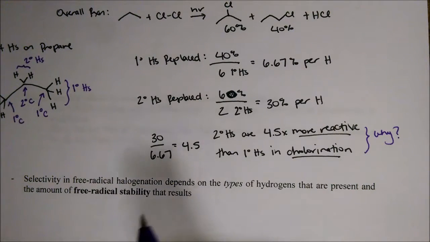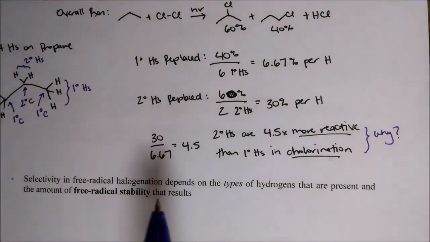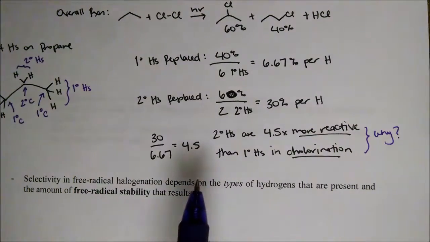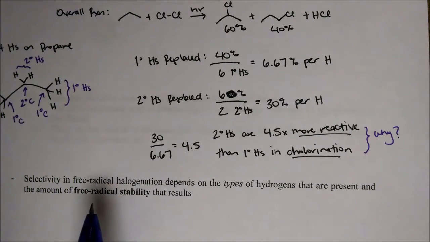Because again, if you are a reaction and you're going through your mechanism, you're going to want to take the most stable path. You don't want to expend too much energy. So there must be a difference in the stability of those free radical intermediates.